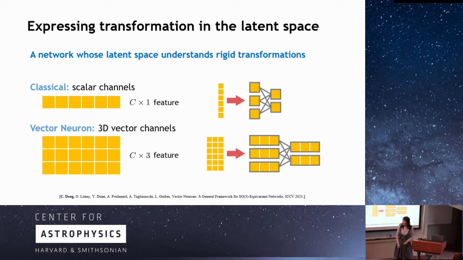So one of my past work has been focusing on that. So this is the standard latent space of a neural network, where here the yellow blocks are actually the green circles in the previous figure. And now, instead of using those scalar values to represent these features, I've been extending each value to a 3D vector. So for such a 3D vector, a very direct thing you can do is that you can apply group actions from this side.